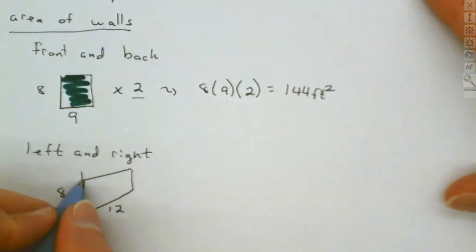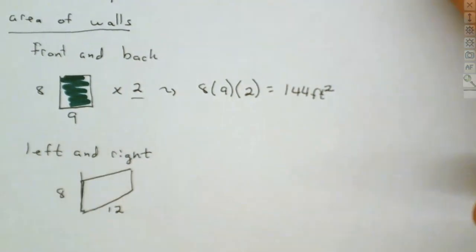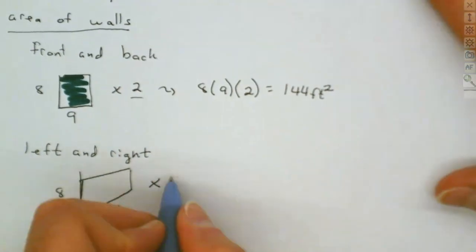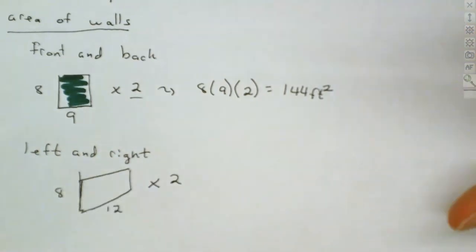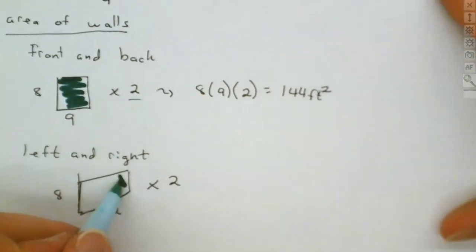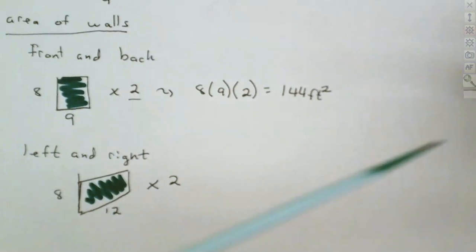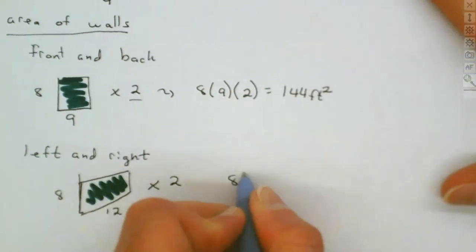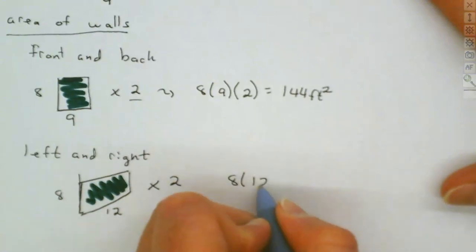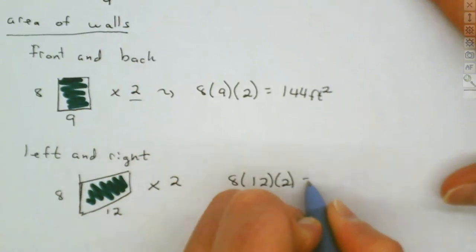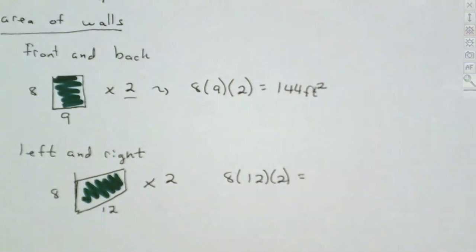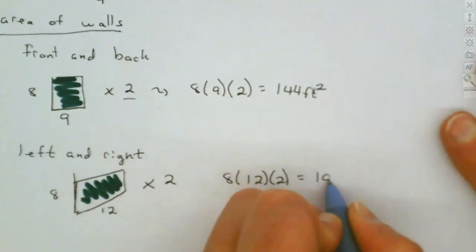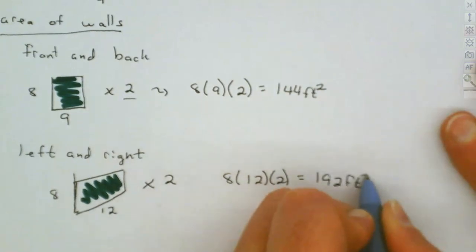So this is 12 by 8 here. Now we have to have 2 of these. Why do we have 2 of these? Because we have a left and a right. And so what would this area be? This area would be 8 times 12 times 2. Looks like that's 192 square feet.